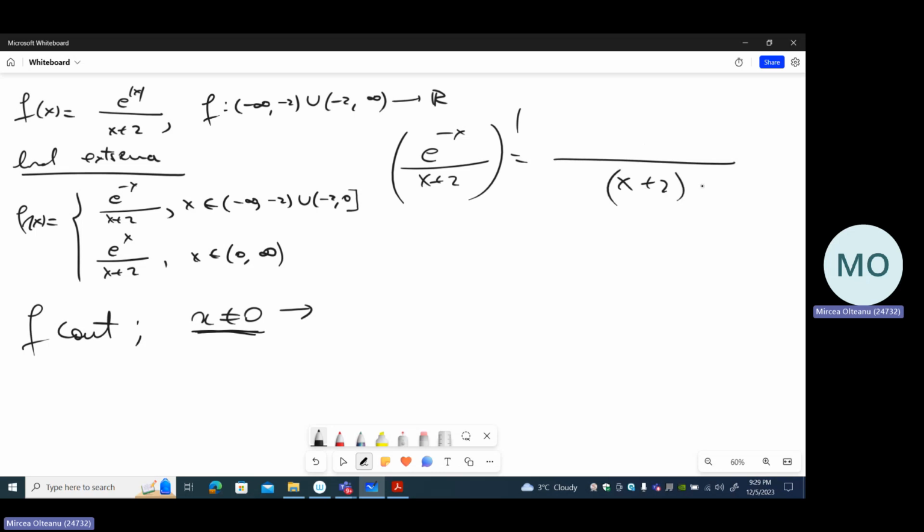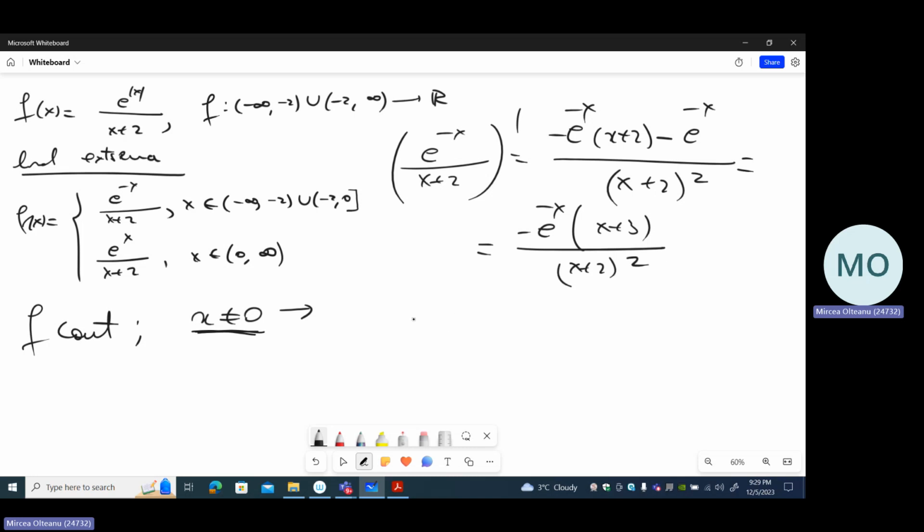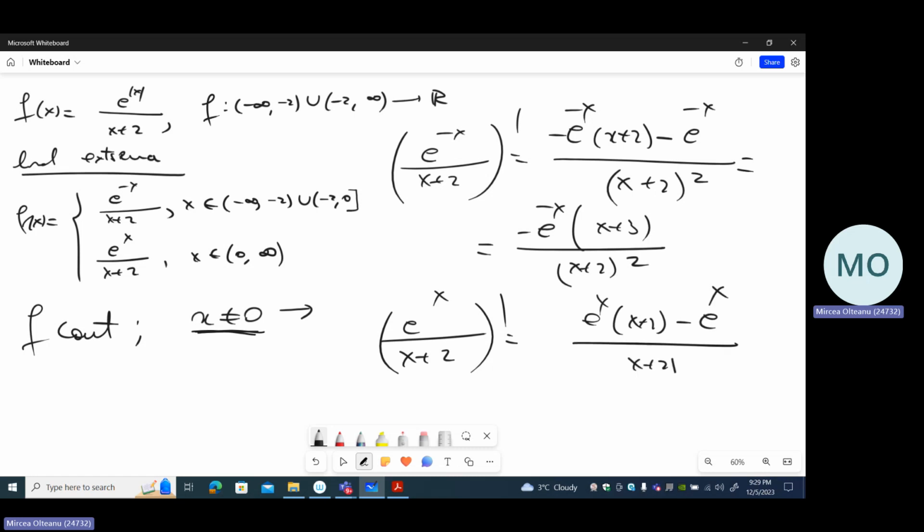When x is negative, we need to compute the derivative of this function. And this will be equal to minus e to the power of minus x times x plus 3 over x plus 2 squared, while for e to the power of x over x plus 2, the derivative here will be e to the power of x times x plus 2 minus e to the power of x over x plus 2 squared, which is e to the power of x times x plus 1 over x plus 2 squared.